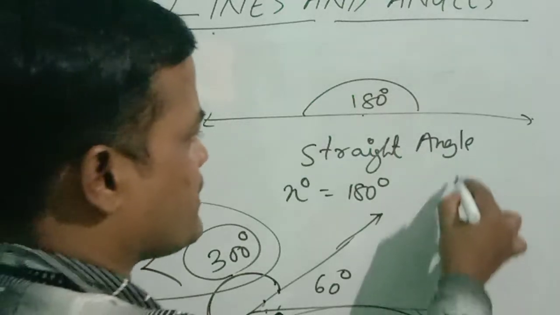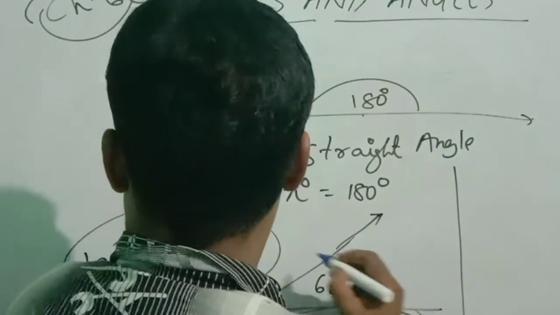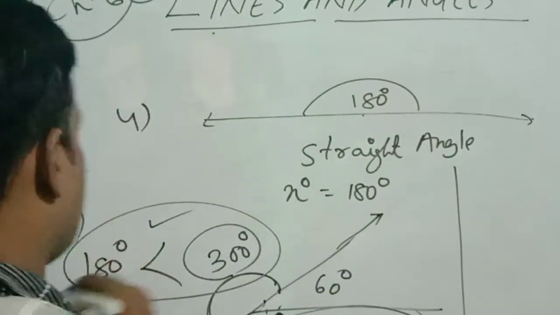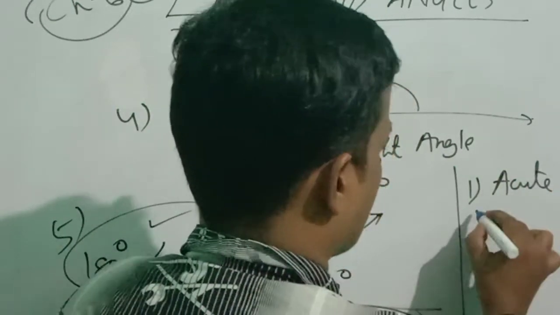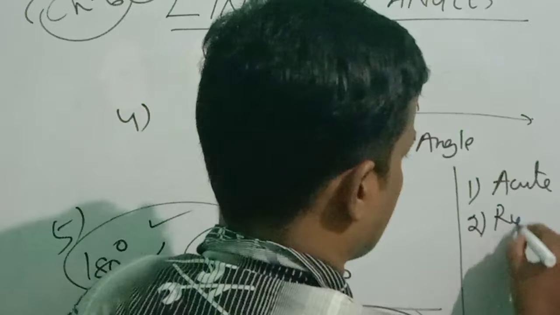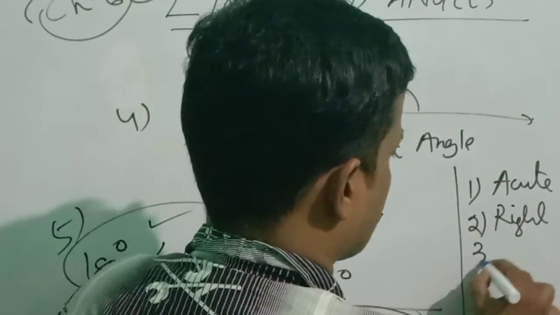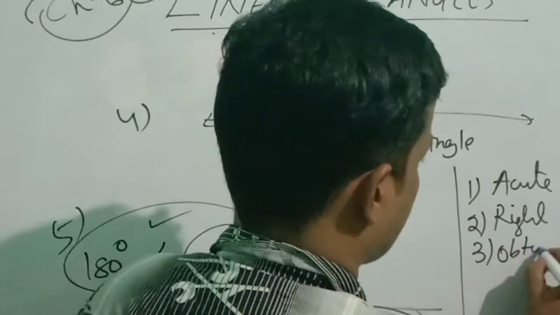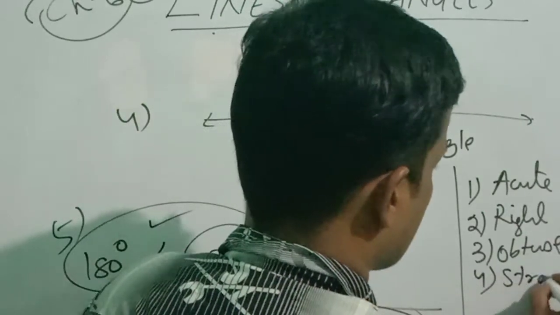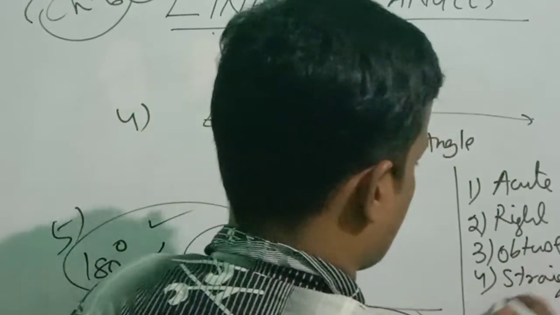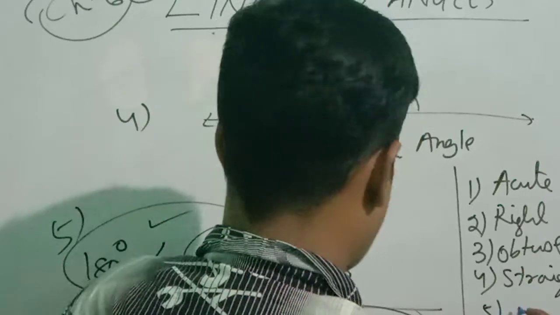So we have discussed five different types of angles, as I told. Number one is the acute angle. Number two is the right angle. Number three, obtuse angle. Number four, straight angle. Number five, reflex angle.